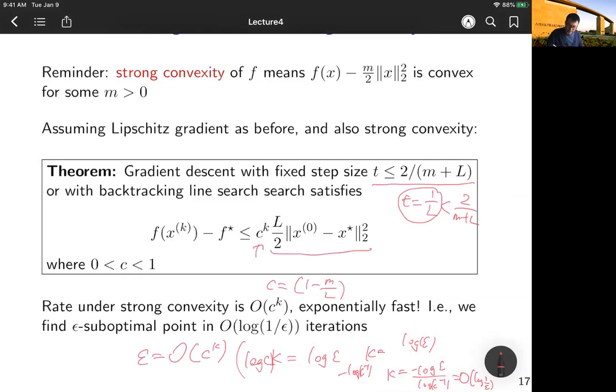Okay, and the constant c got hidden inside this big O notation.